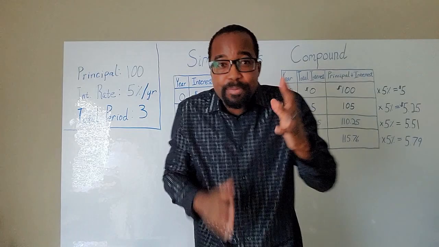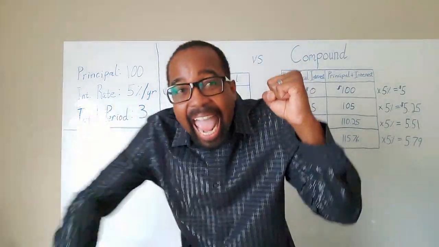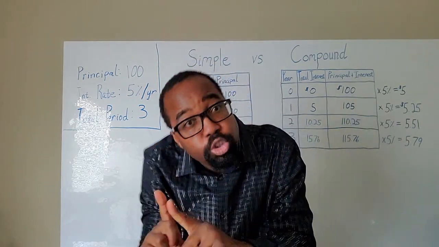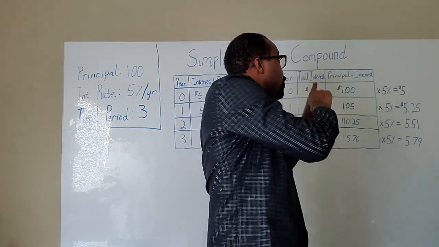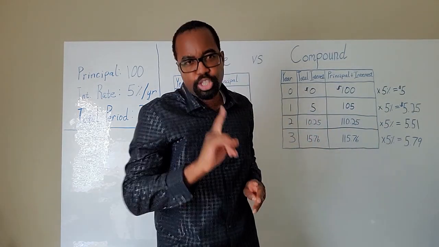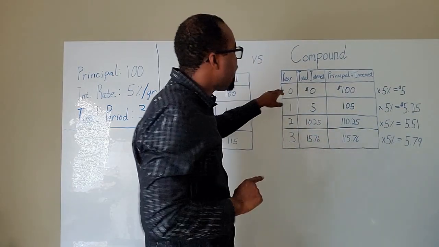Absolutely. We're going to take the principal and add that to the previously earned interest. Then we're going to multiply that by the rate of interest. Oh, very interesting. Let's show you how it's done.